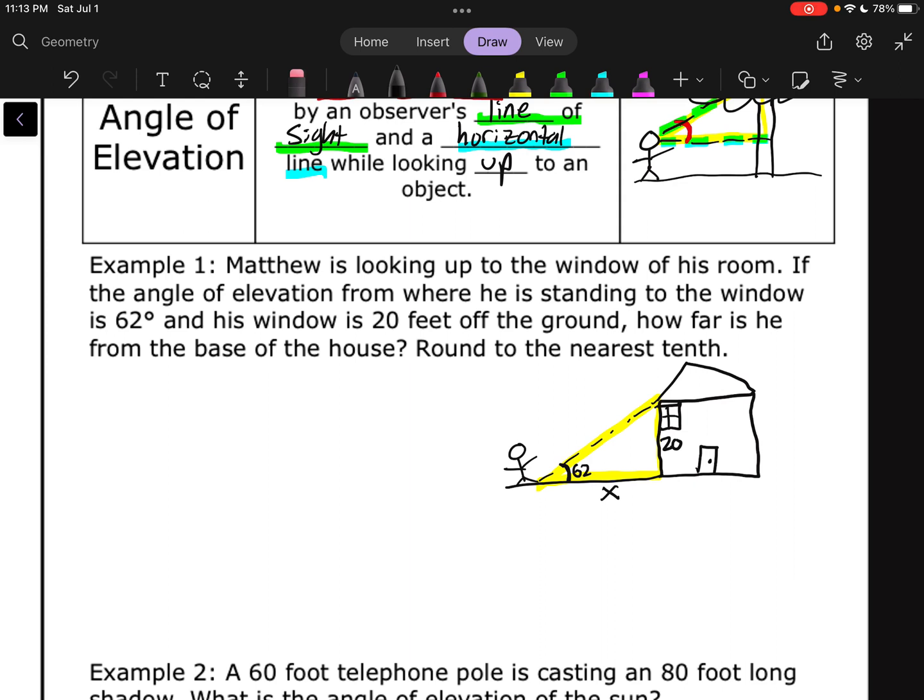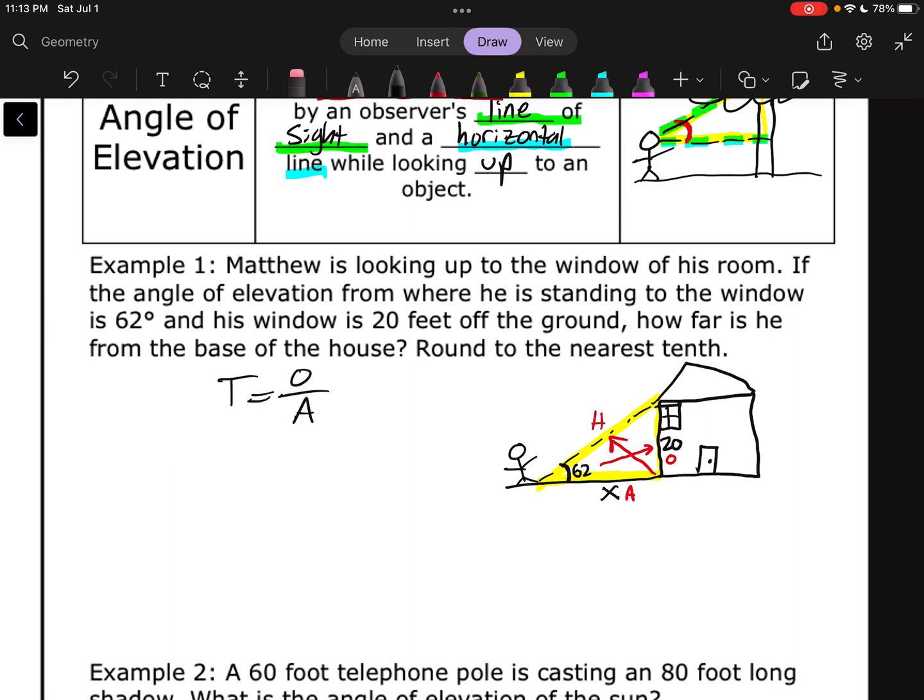Okay, so we've made our triangle. Now we just need to do some trigonometry. So if that's the 62 degrees, then this is the opposite. This is the hypotenuse. This is the adjacent. So it looks like we want the adjacent side and we have the opposite. That is tangent.